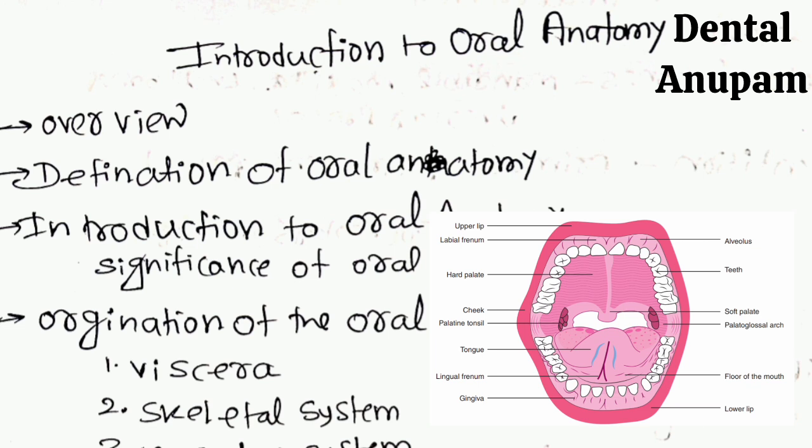For example, it receives food, mixes it with saliva, and masticates it, forming the food bolus, etc. The secondary functions are those associated with speech, respiration, aesthetics, and facial expression.